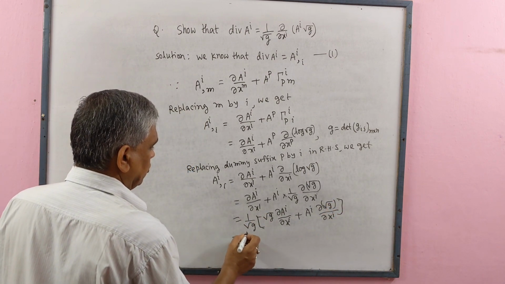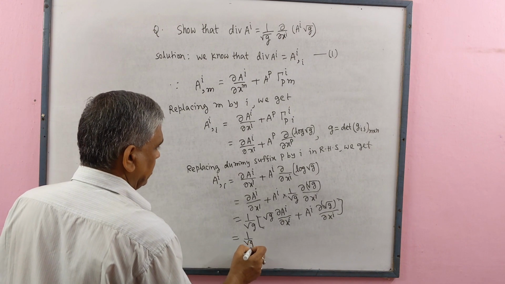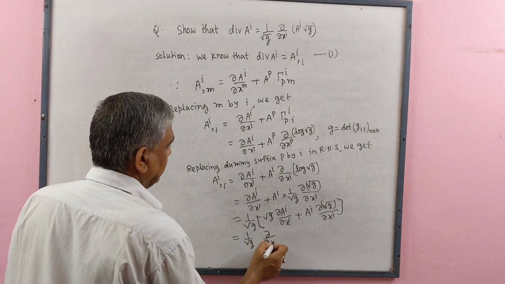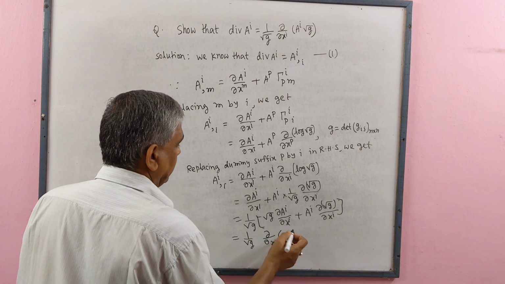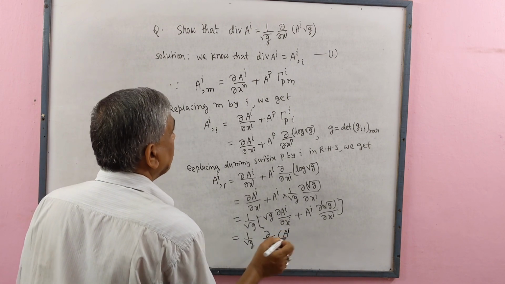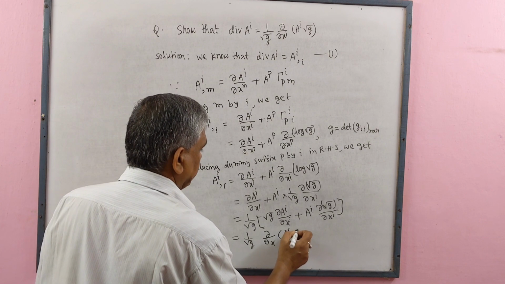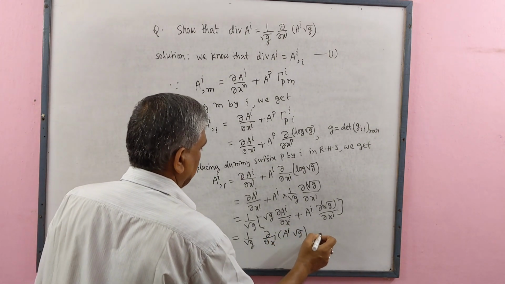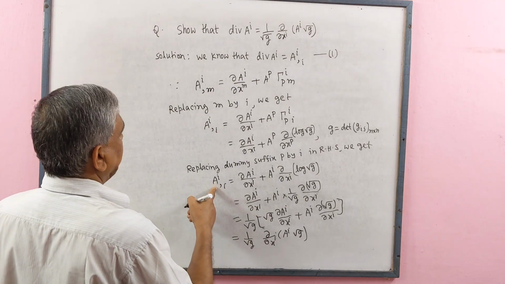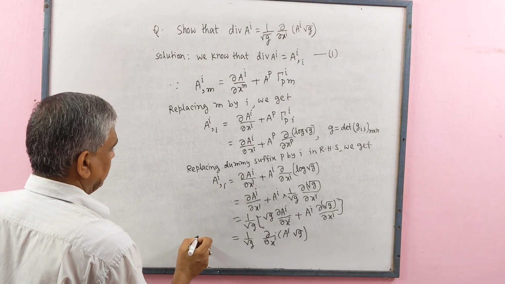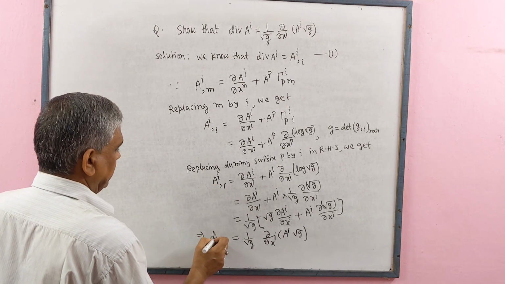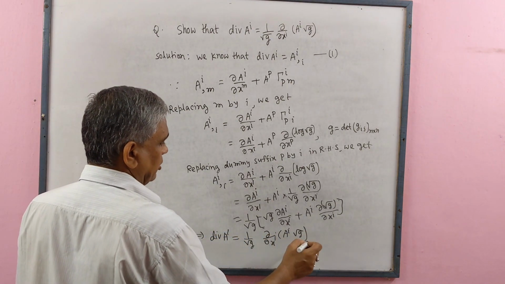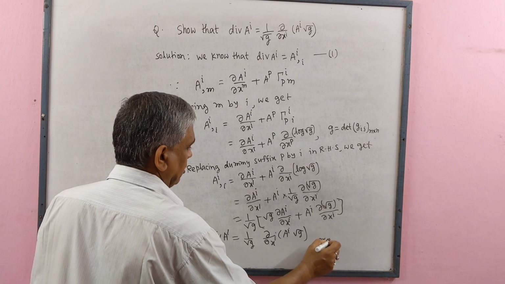This equals 1 by square root g. We may write this del by del x^i of A^i square root g. Proved, and this is equal to divergence of A^i, which implies that divergence of A^i equals this. Proved.